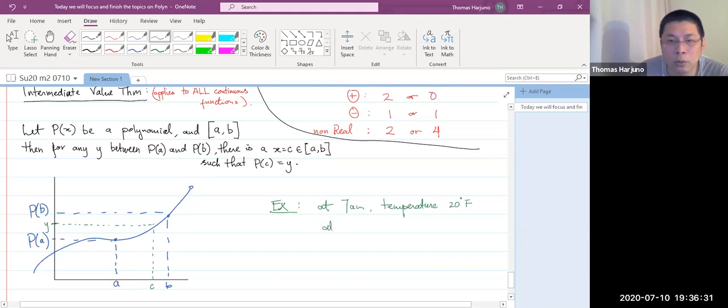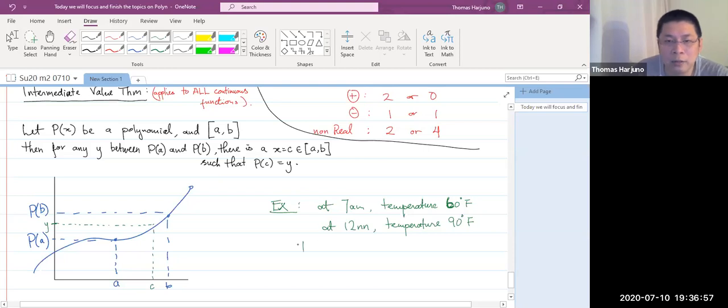Now at noon, the temperature is, oh no, 20 is way too cold. Way too cold. Make it 60 degrees Fahrenheit. I have Celsius in mind. Temperature is now 90 degrees Fahrenheit.